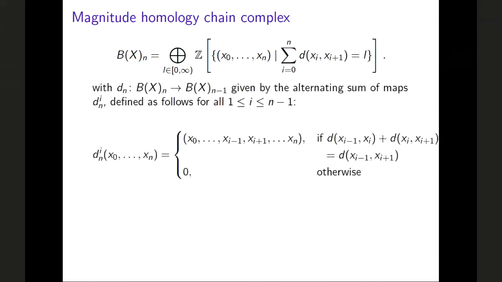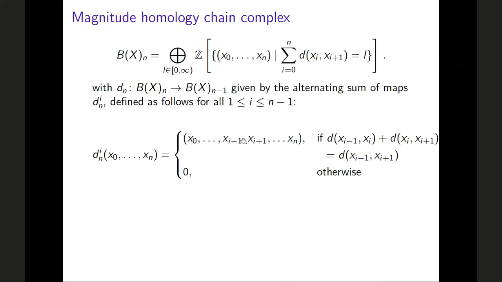And then they define the boundary map as follows. This is given by the alternating sums of maps of this form. So we have that, if the relevant distance is non-zero, then the triangle inequality is a strict equality.